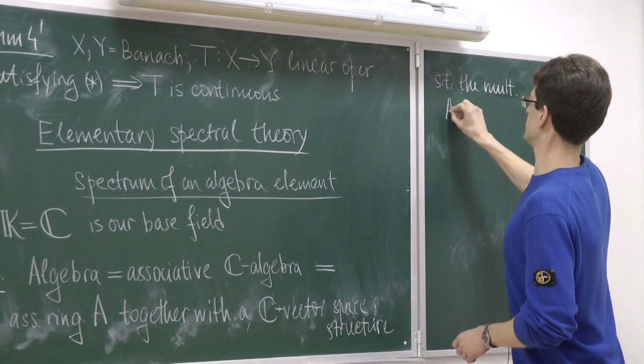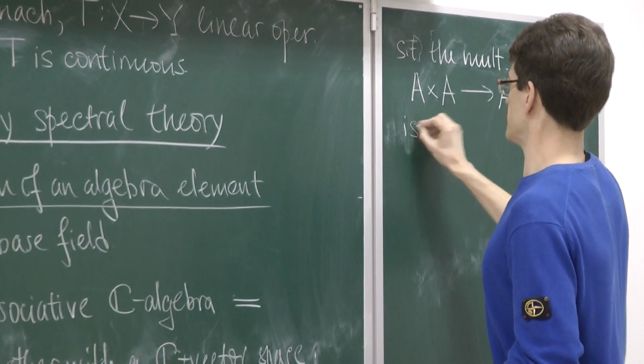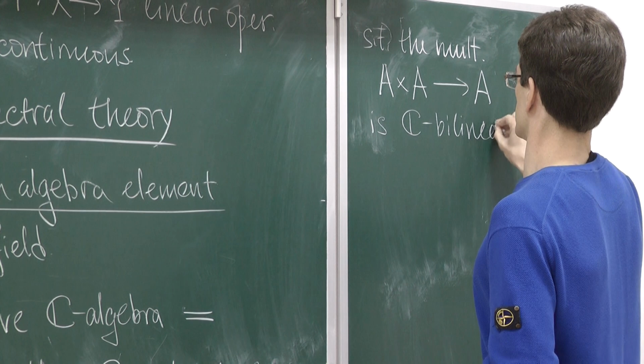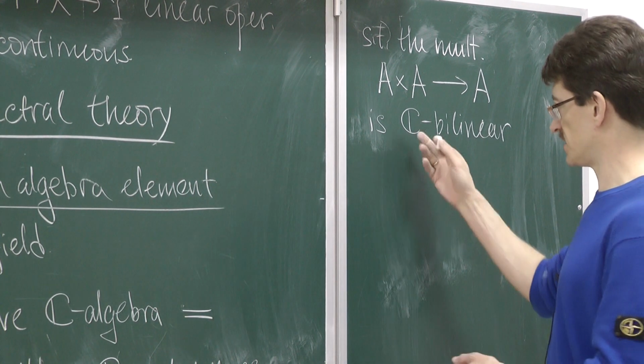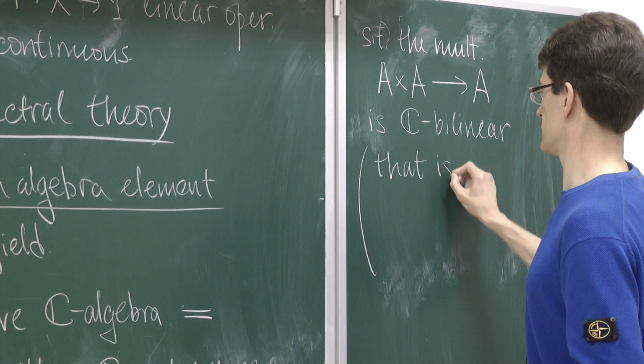The multiplication is bilinear over the complex numbers. And here, this property is equivalent to the following identity.